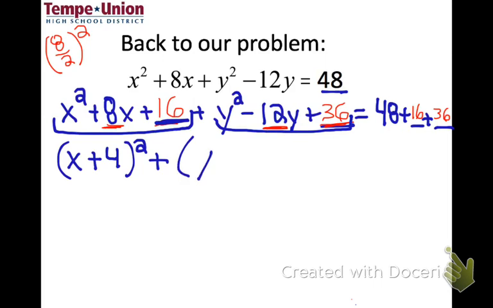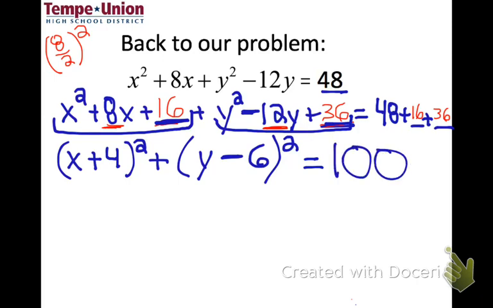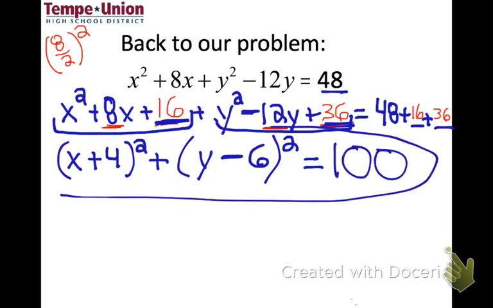And then we got y, this is a minus because that's a minus, so y minus, and then the square root of 36, so that's 6, squared. And then we have to add those together. So I'll just make sure I don't make a mistake. I'll use my calculator. 48 plus 16 plus 36. That is 100. Beautiful. All right, that is the equation of a circle right there.